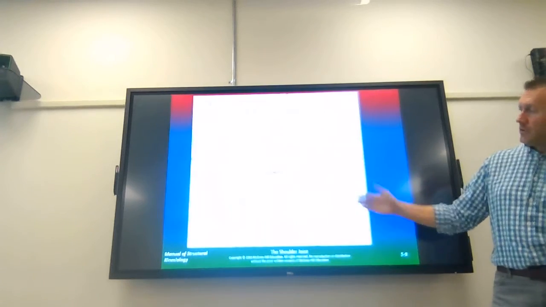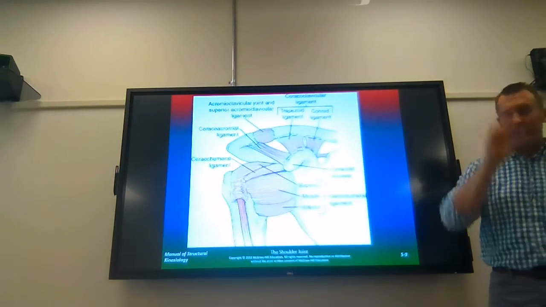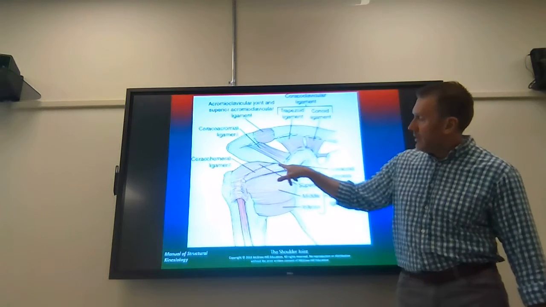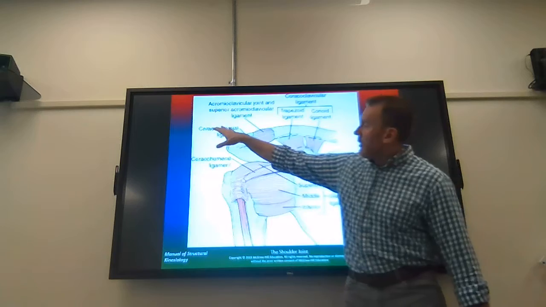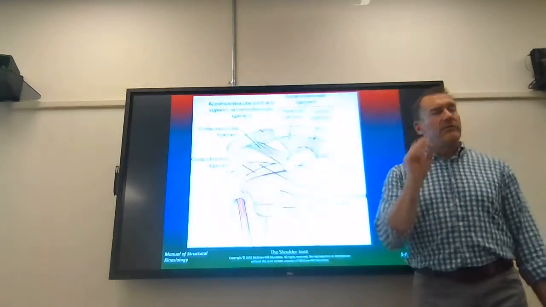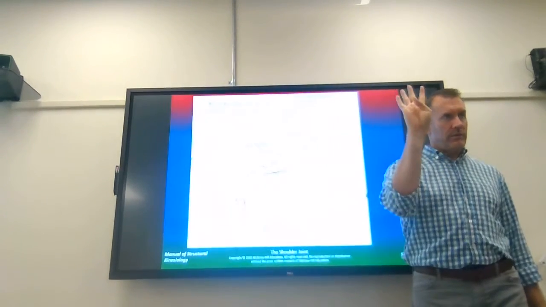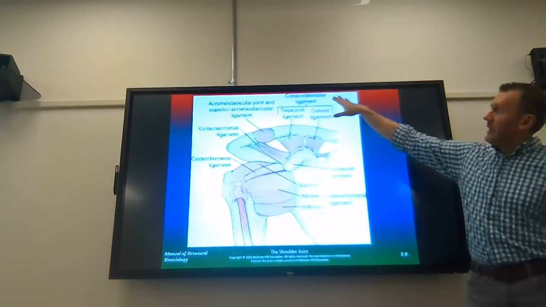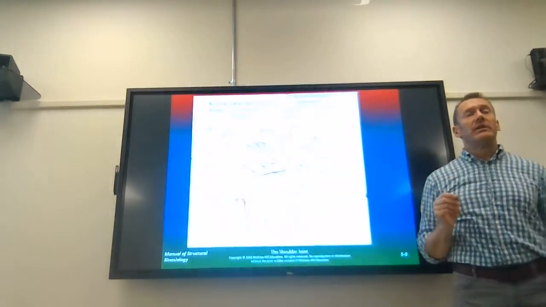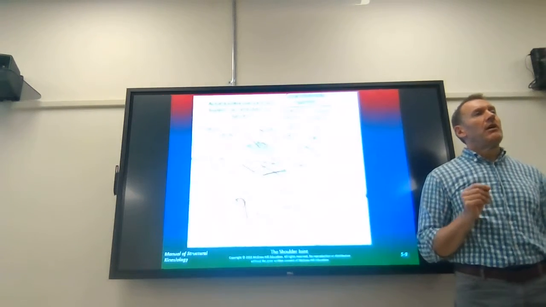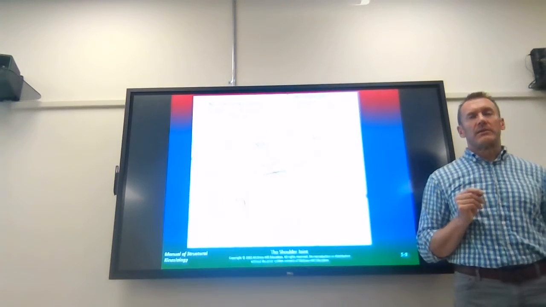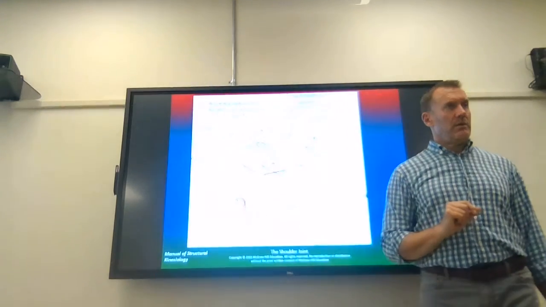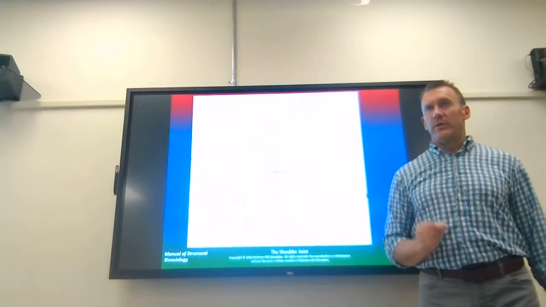So glenohumeral, remember 3 segments, shoulder joint capsule, coracohumeral, right here, coracoacromial, right here. The very last one, so the last of the 4 key ligaments, going to be the coracoclavicular. So connecting the lateral clavicle with the coracoid process. So this one also has 2 parts. So trapezoid and conoid.